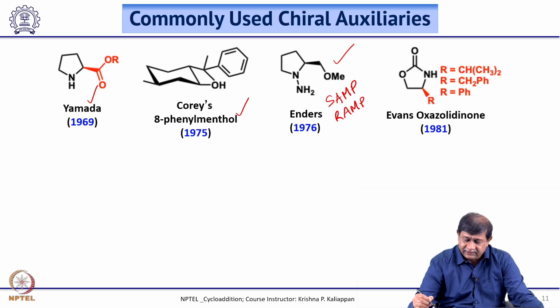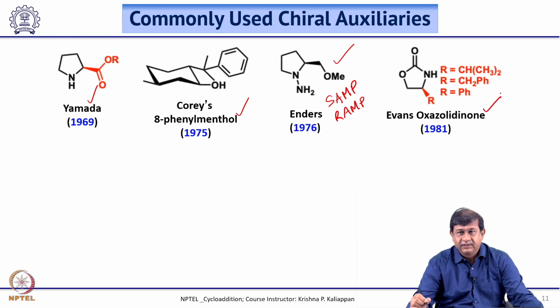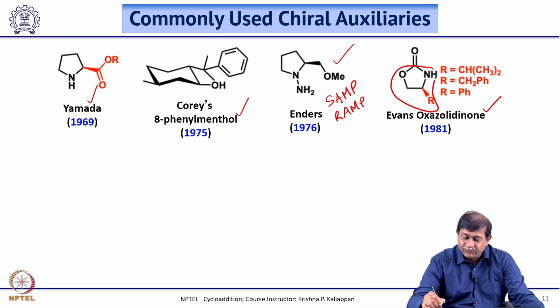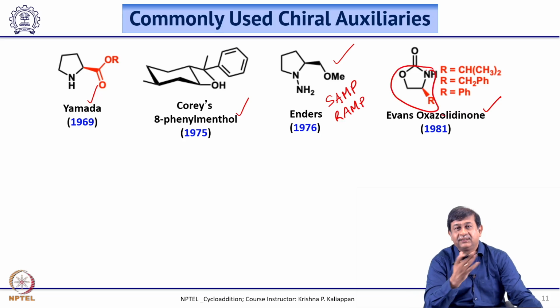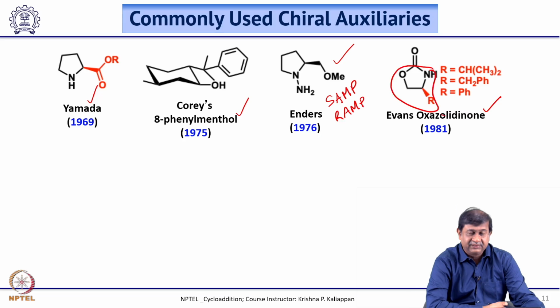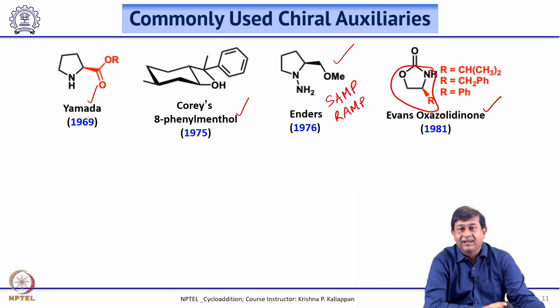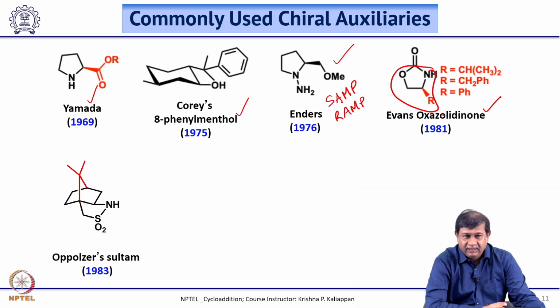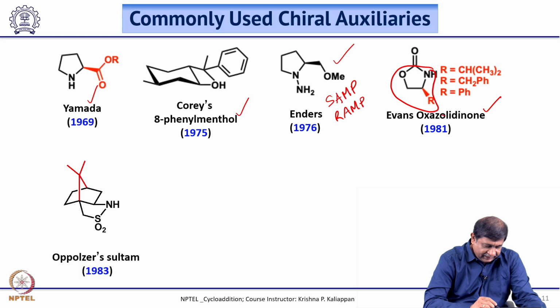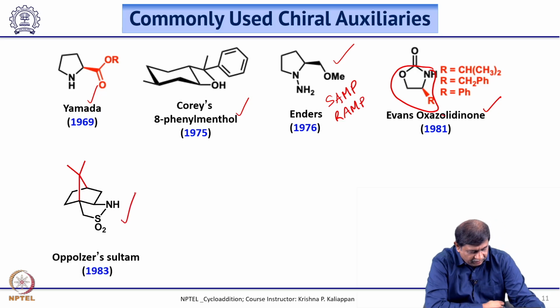And 5 years later, Evans used the most widely used chiral auxiliary called oxazolidinone. These oxazolidinones are prepared from amino alcohols, which in turn are prepared from commercially available naturally occurring amino acids. And 2 years later, Wolfgang Oppolzer from University of Geneva used sultam, which is prepared from camphor sulfonic acid.